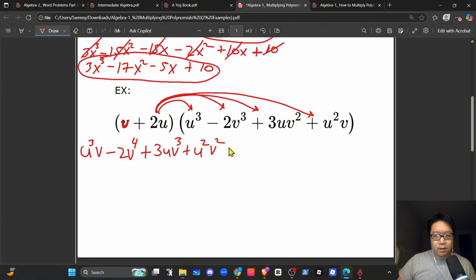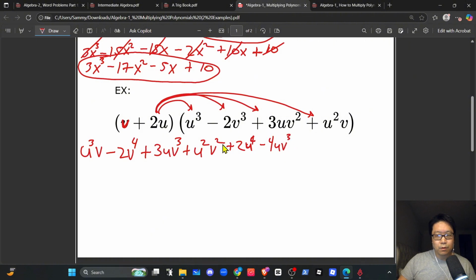Now we're going to multiply this 2u and distribute it across the second polynomial. So let's go ahead and do that. 2u times u to the third power is going to give us 2u to the fourth power. And 2u times negative 2v cubed is going to be negative 4uv cubed.